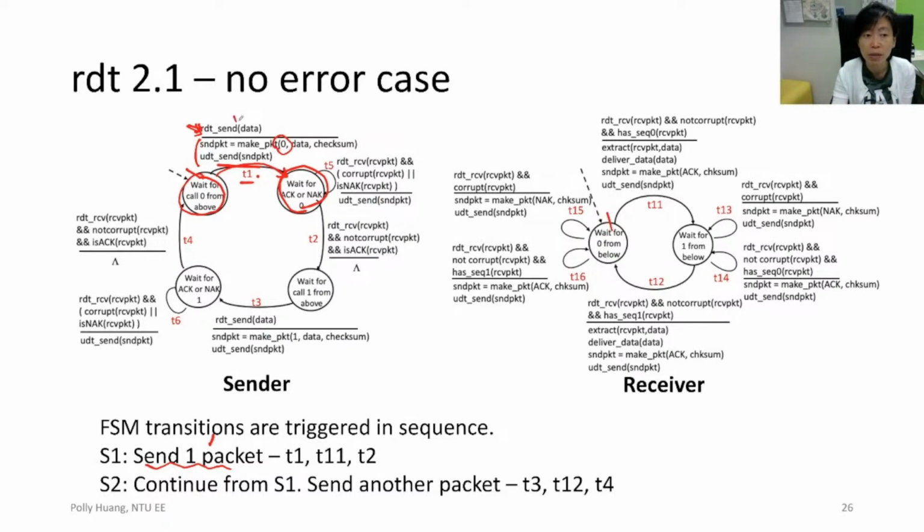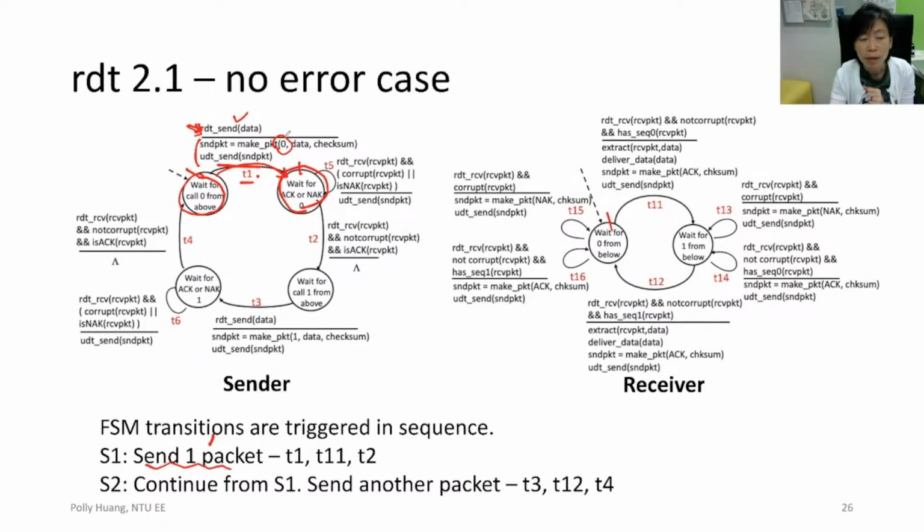Pick the transition that's matching the triggering event, and then take the actions, finish the transition, and land on the ending state. Let me repeat: starting state, possible transitions, match the triggering event, and then land on the ending state. So now we're done with T1.